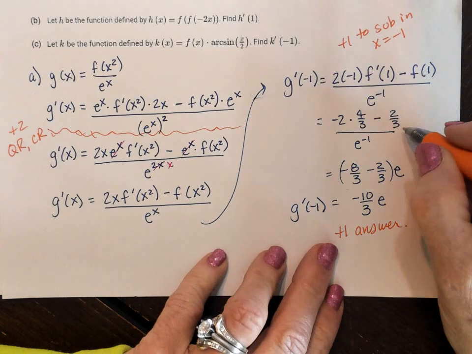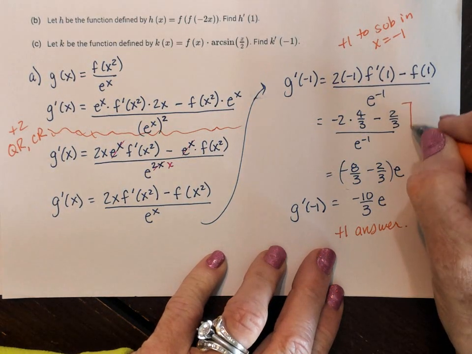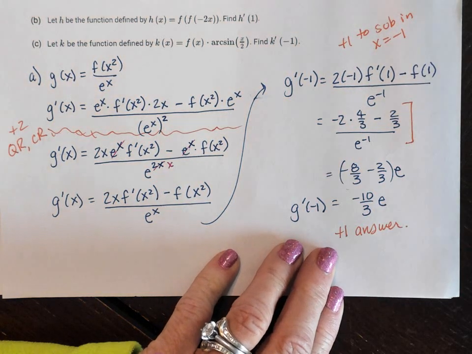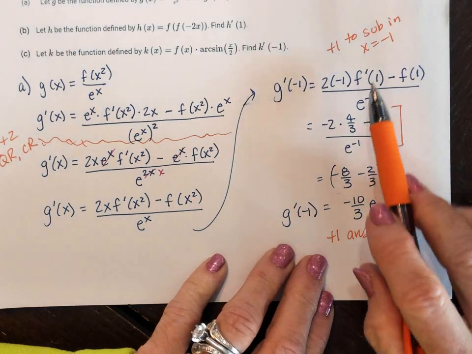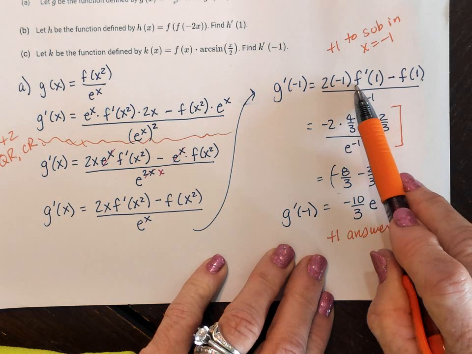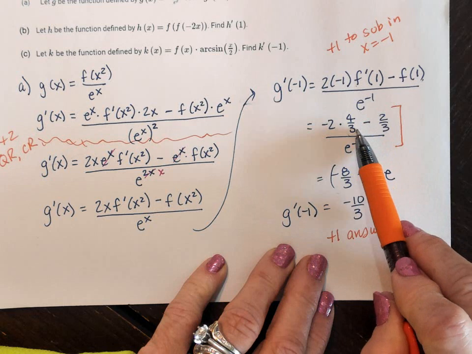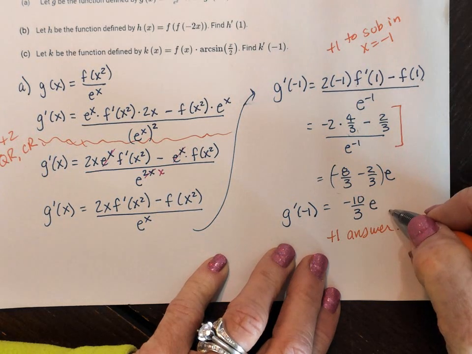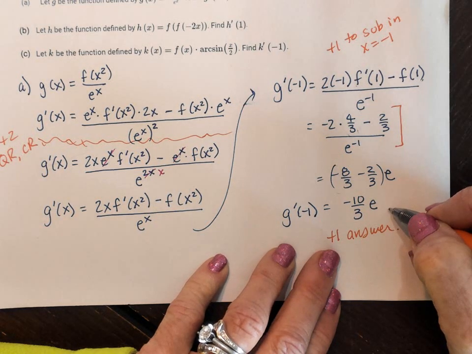Now, you do have to get this far as answer goes. You showed that you substituted in the negative 1, but they do want to see that you can evaluate that table for f prime of 1 to get to here. You do not need to simplify all the way down to negative 10/3 e.